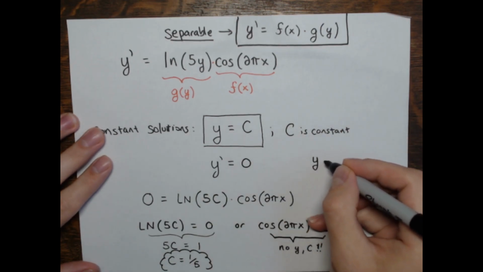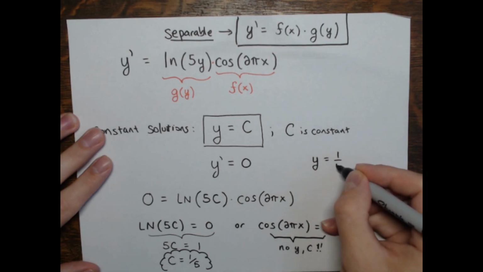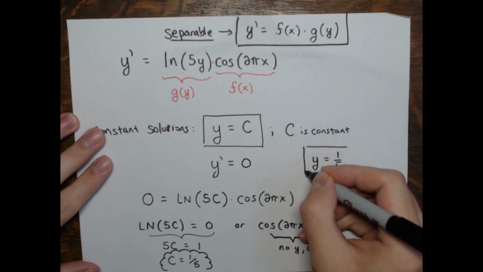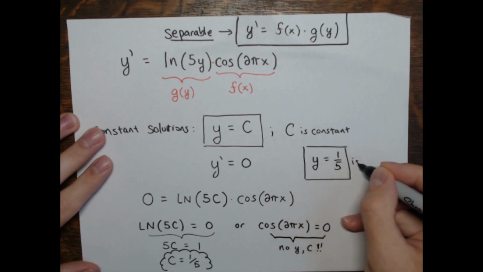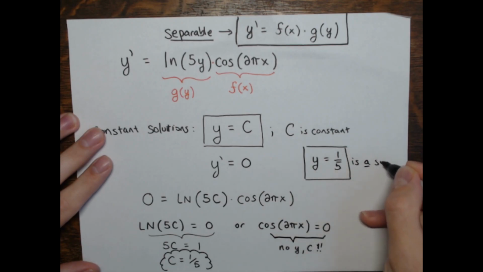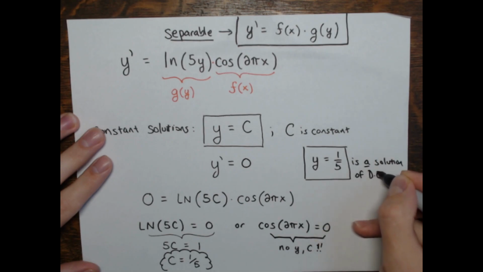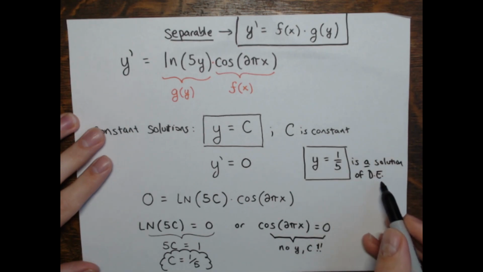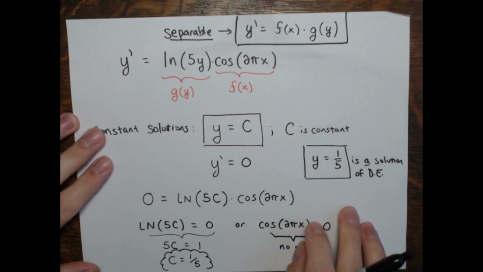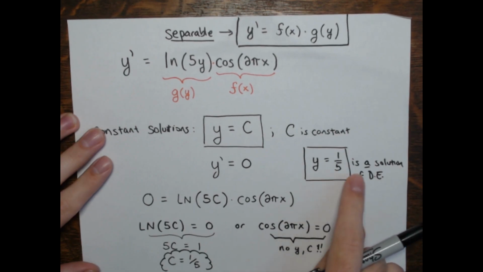So y equals 1/5. This is a solution, again, I say a solution, of this differential equation, and I'll abbreviate differential equations with DE. Now that is, again, a solution.